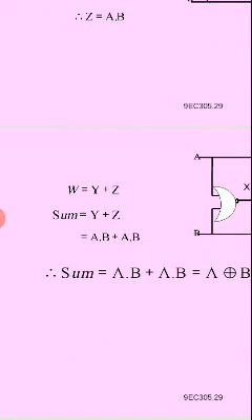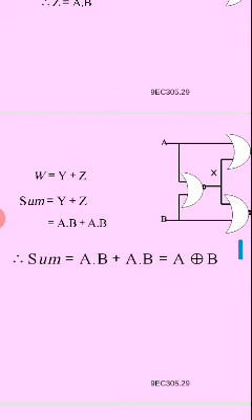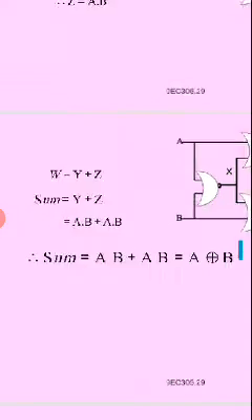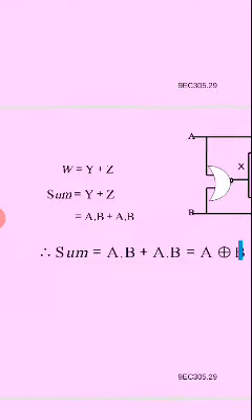Now W is equal to Y plus Z, sum is equal to Y plus Z. That equals A dot B plus A dot B. For this, sum equal to A dot B plus A dot B, A exclusive OR B. The sum notations are missed here.